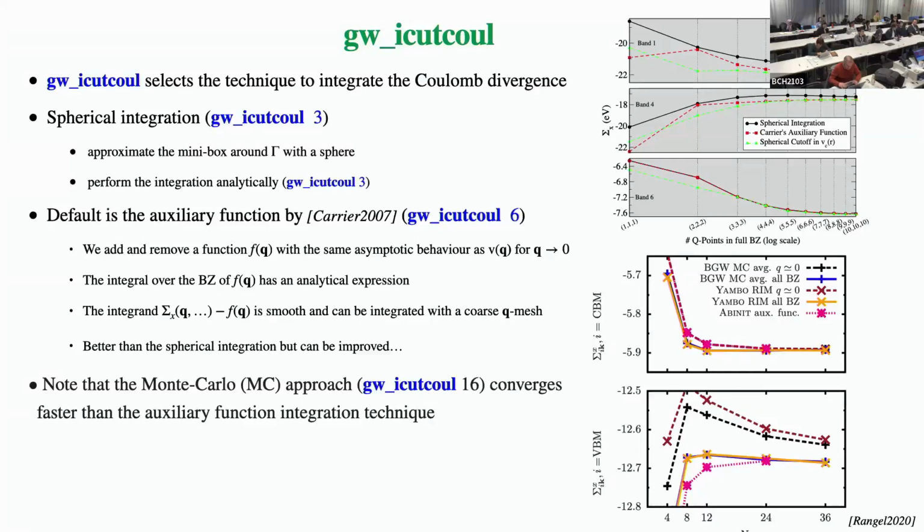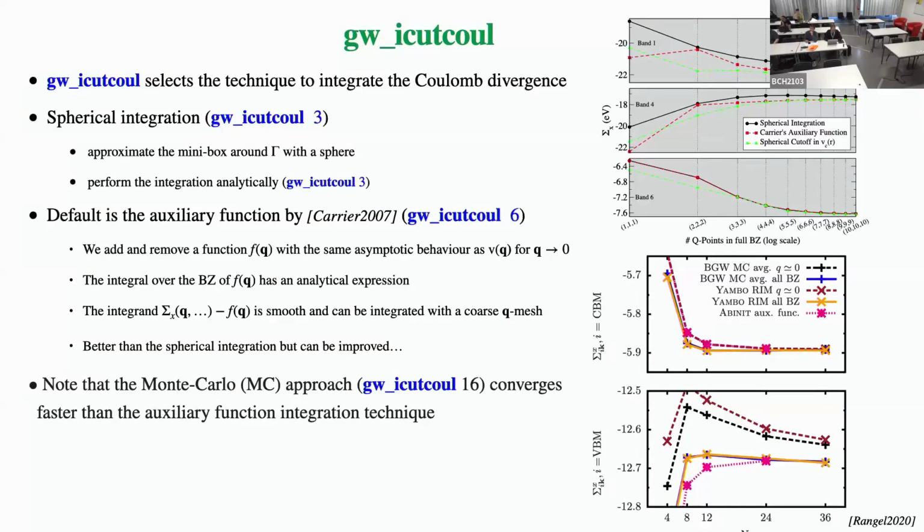So you add and remove a function. This function has the same divergence as the previous function, but is integrable. Numerically, we have to evaluate the self-energy in which part of the divergence has been removed. The Coulomb divergence for q tending to 0 has been removed thanks to this function that is discussed in this paper here.